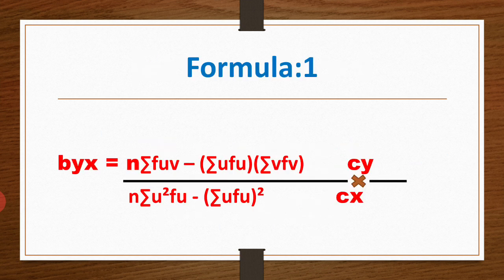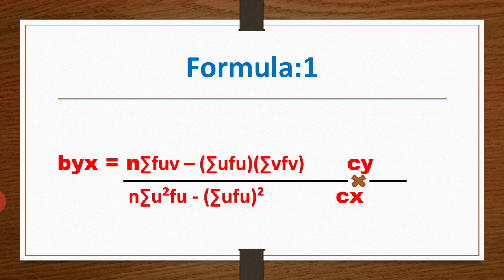For formula number 1, we apply byx when the y on x equation is given. Then you find byx. The formula for byx is equal to n sigma fuv minus sigma ufu, second bracket sigma vfv, upon n sigma u square fu minus sigma ufu whole square, into cy upon cx.